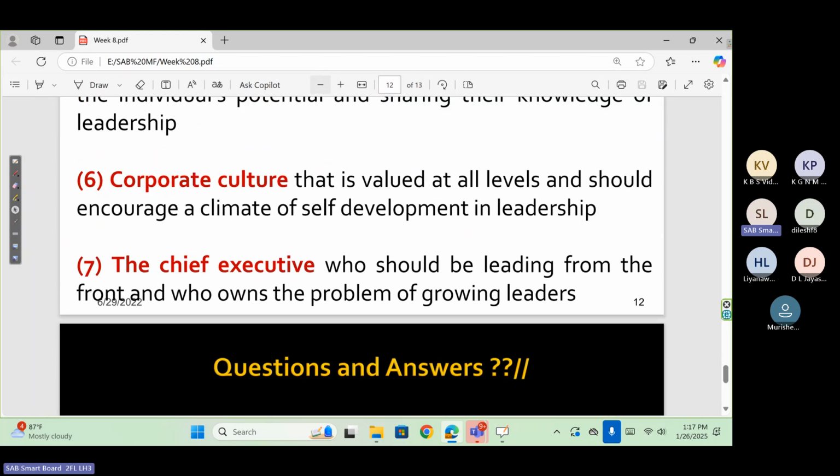Number 6 is, assume all points are there, including the 7th one, but if there are no clear, strong values and culture to guide everybody, such an organization may do it halfway, not fully in the long run. Therefore, the role of corporate culture in leadership development is also important.